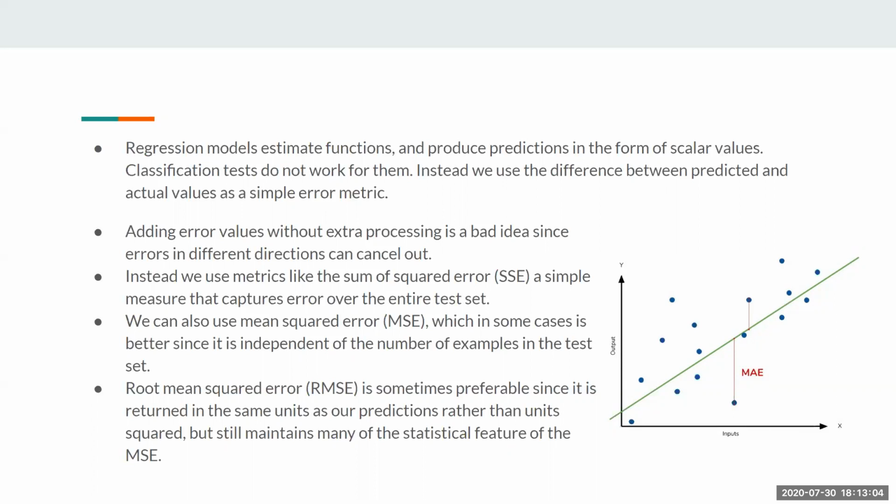Classification tests don't really work for regression models. Instead, the simplest component error metric, like a single value in one of the 4 blocks of the confusion matrix when you're working in regression, is just error, which is the difference between a predicted value and the actual value.